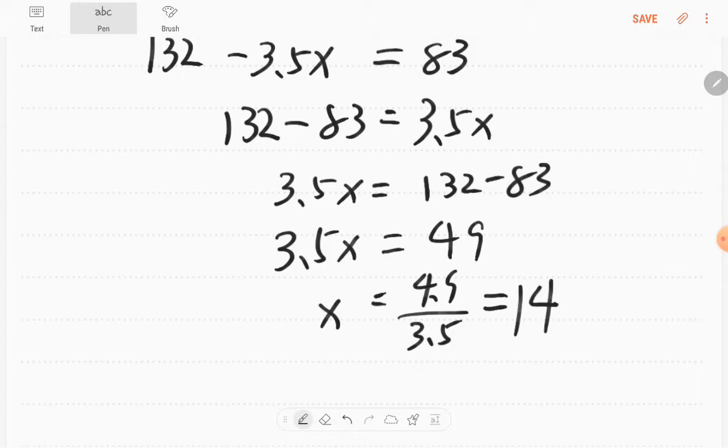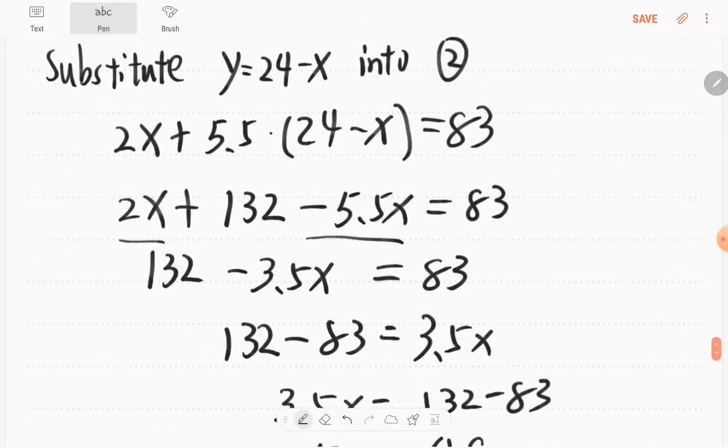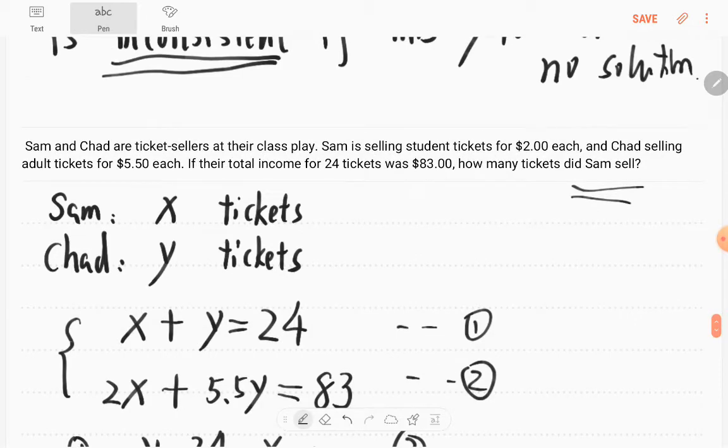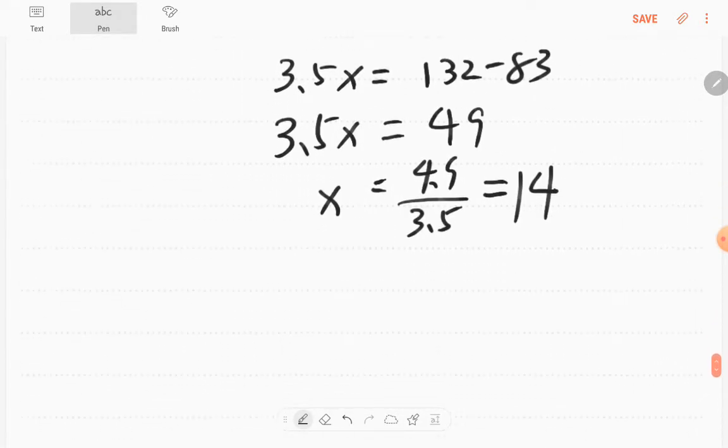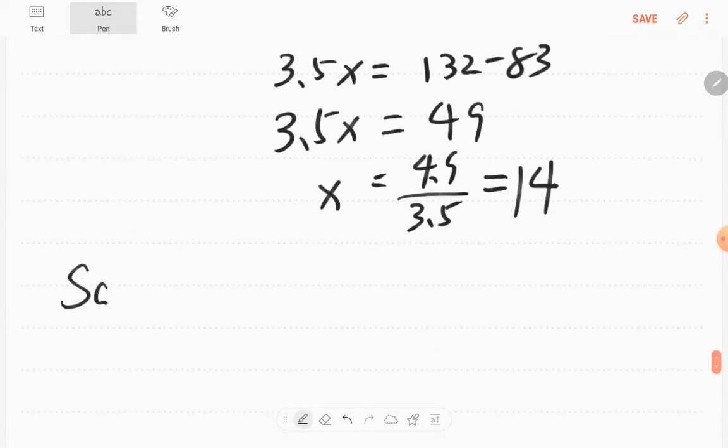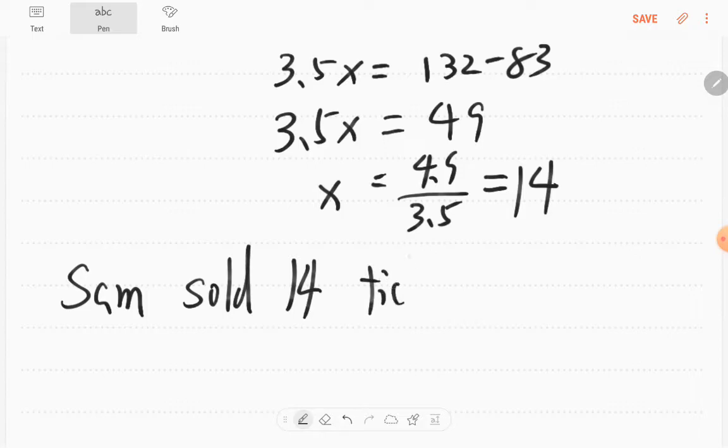So that means Sam sold 14 tickets, the student tickets, right?